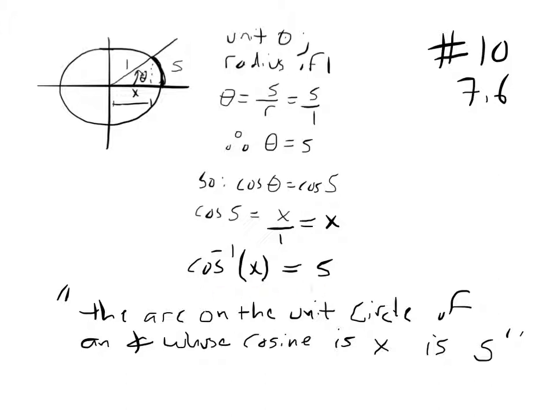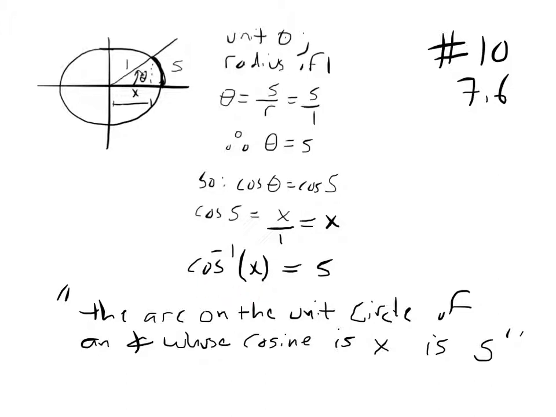And if we look at this for a bit, s is an arc here. It's an arc in the unit circle. So if I read this aloud, really what I'm looking for, this s, is the arc on the unit circle, s, of an angle whose cosine is x. We're looking for the arc on the unit circle, s, whose cosine is x.